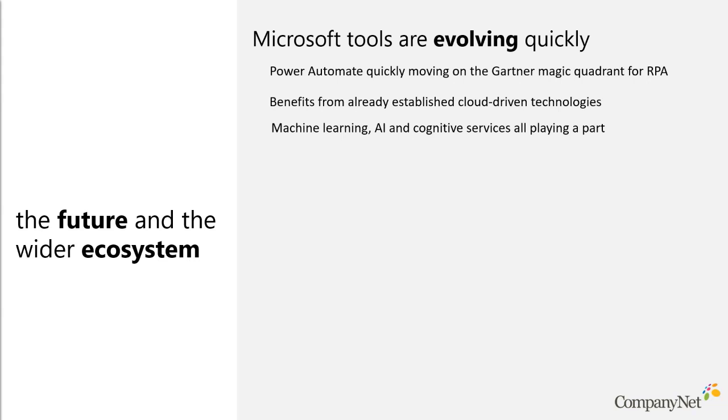Benefits from already established crowd-driven technologies. So Power Automate, or Flow, has been around for a long time, and that's quite mature, quite integrated, so great ways that you can utilize that. And then obviously machine learning, AI and cognitive services, they are advancing with different models, different tools, different functions.